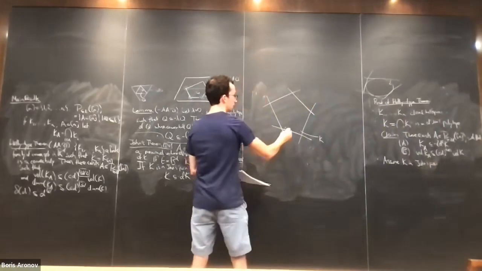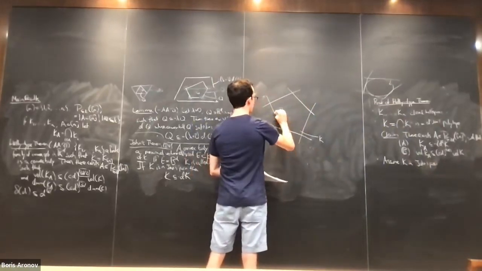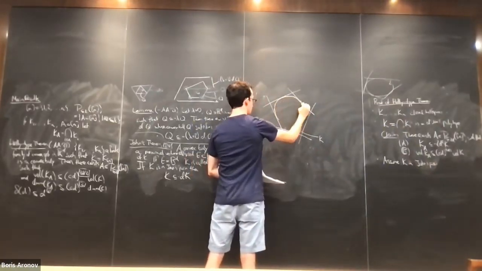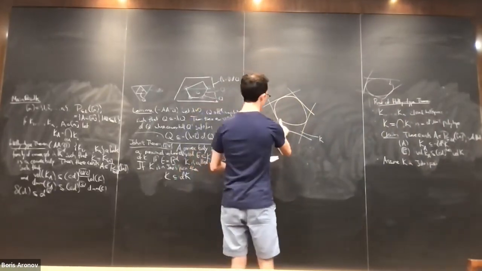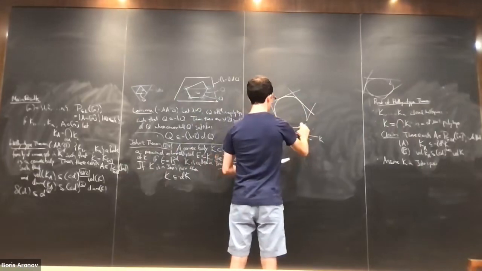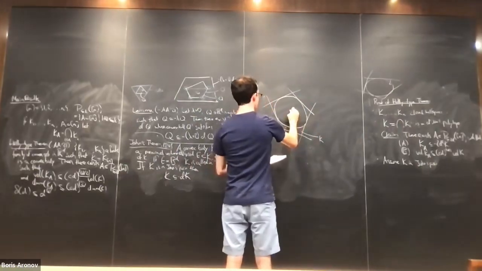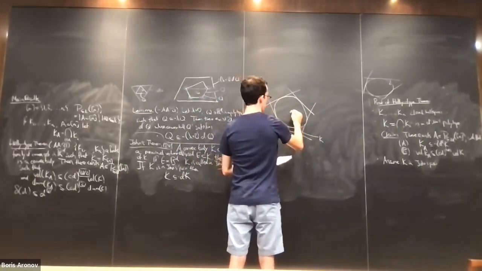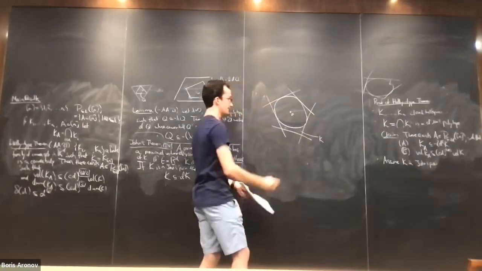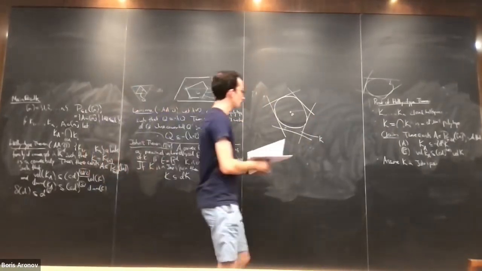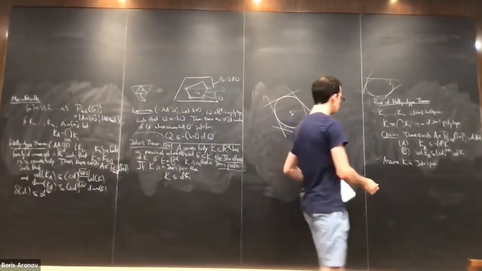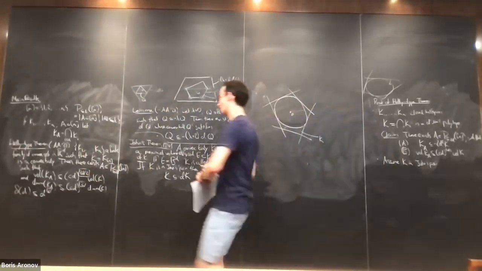So in this case, the maximum volume ellipsoid is the unit ball. This is the radius 1 ball. Now, as promised, we'll take the polar.